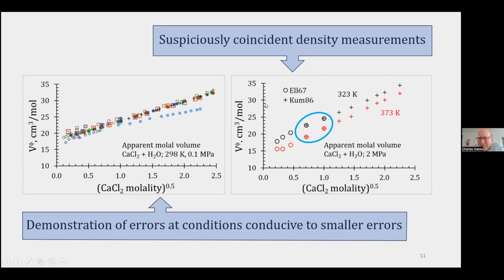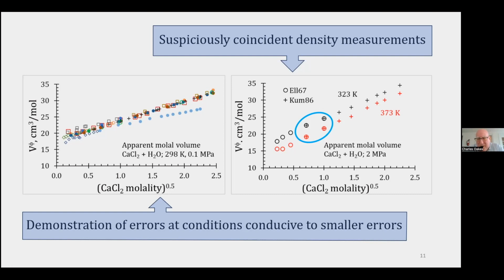Now over here on the right, we have the same scaling, so these two graphs are directly comparable. And the measurement conditions are a little bit higher temperature, which one might think to be a little bit more challenging. And because the measurement conditions are a little bit more challenging, you would expect a higher degree of error involved in the measurement.